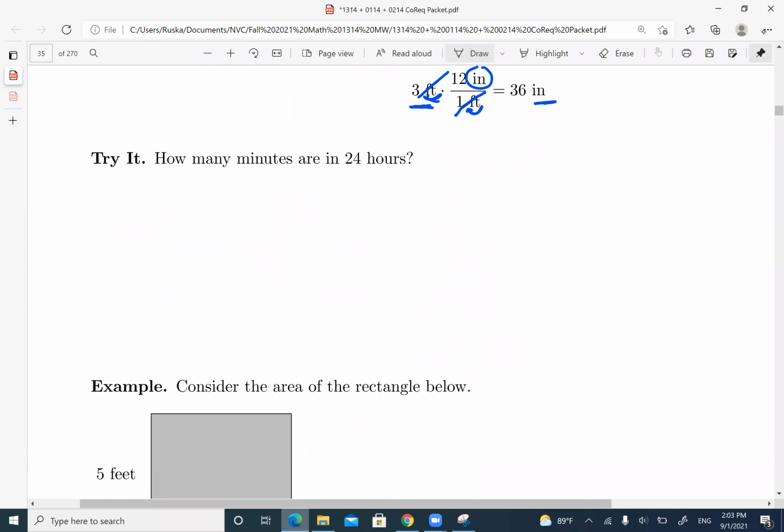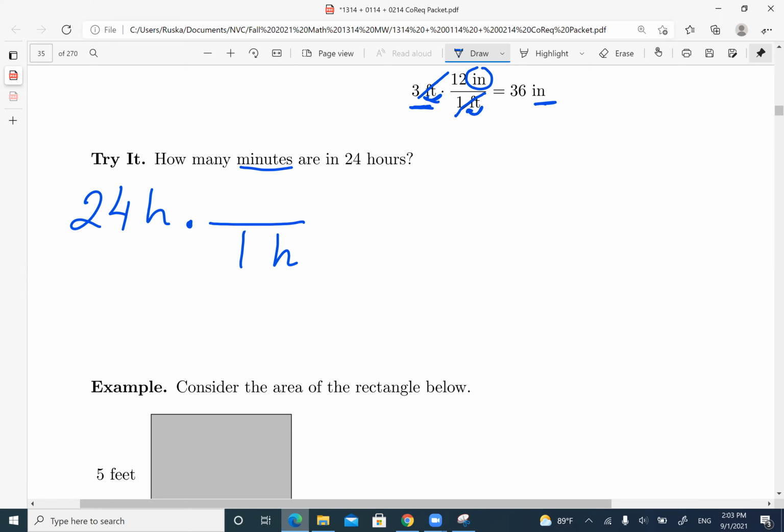Okay, so here we have a question: how many minutes in 24 hours? So I'm going to start with 24 hours and you want to change it to minutes, right? So these 24 hours, I need to put hours in the bottom. I need to know in 1 hour, how many minutes we have, right?